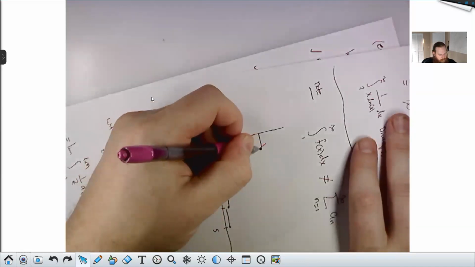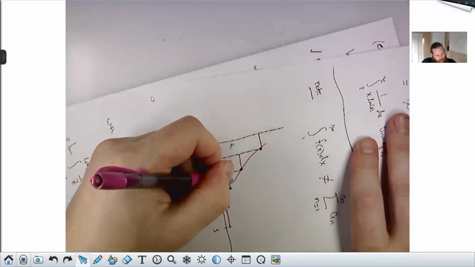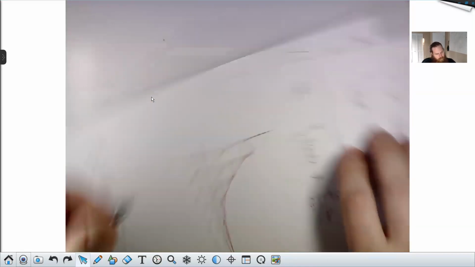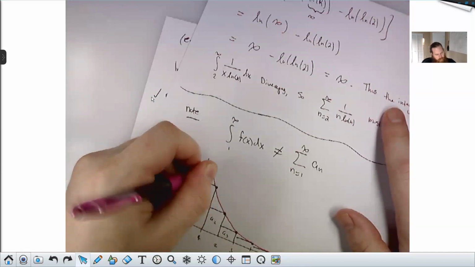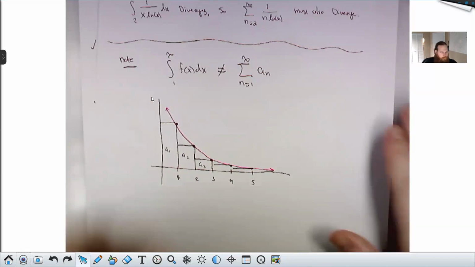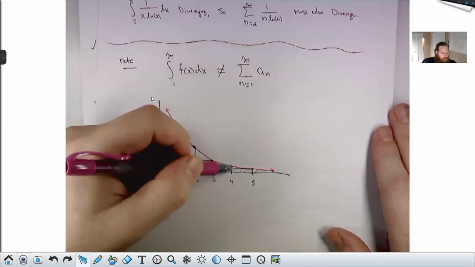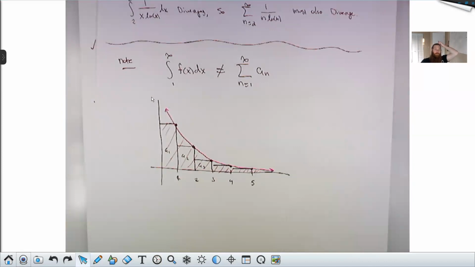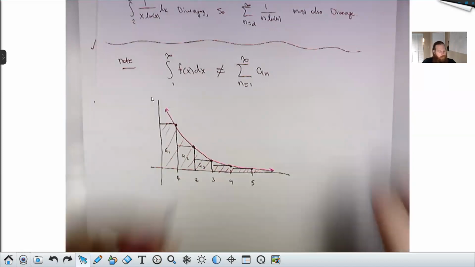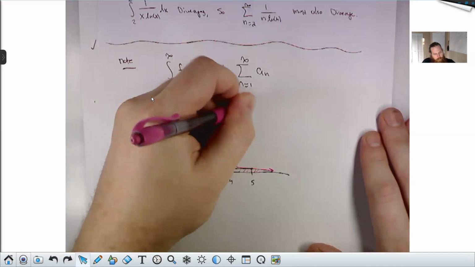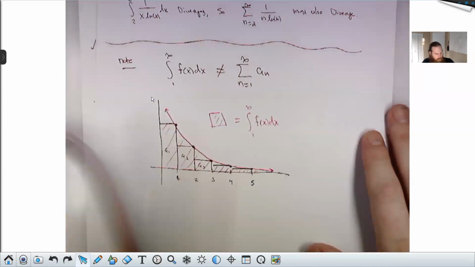If that sequence a_n is coming from the function f of x, then you can see how the area under the function f of x is related to the series. The full infinite series would be the area of the rectangles. So this is the integral from 1 to infinity of f of x dx.